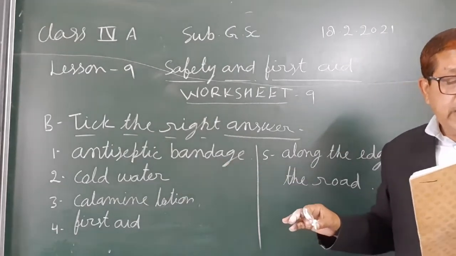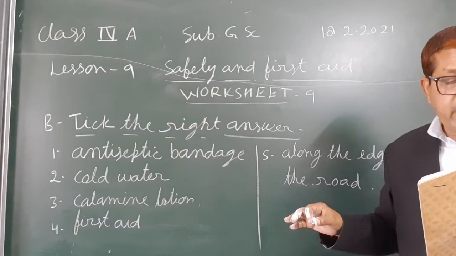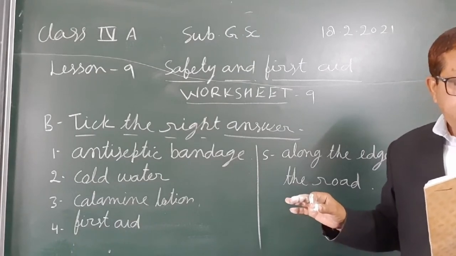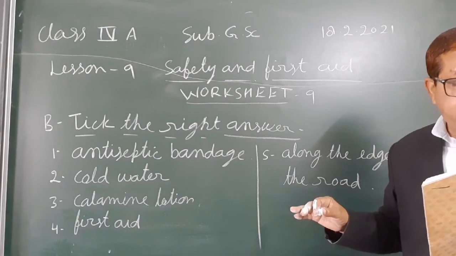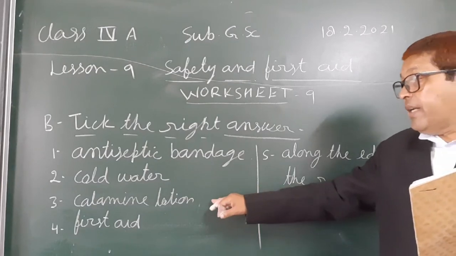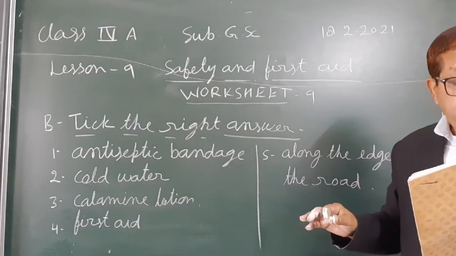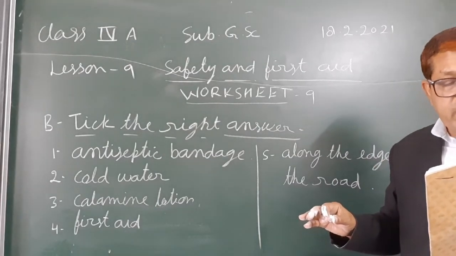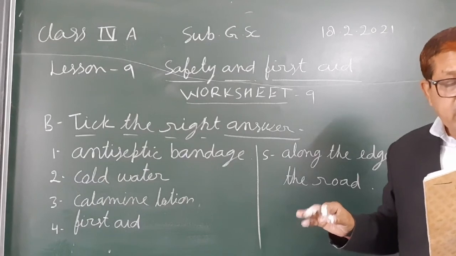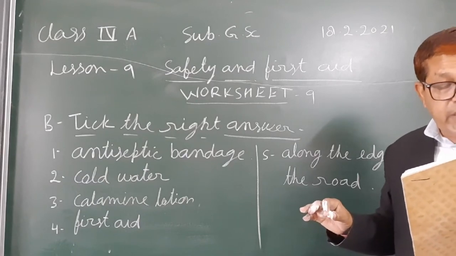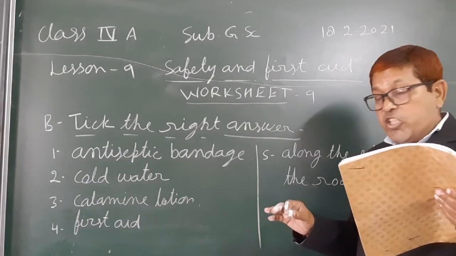Now third, if a person is bitten by an insect, apply. Three options are there: calamine lotion, Savlon, and Burnol. So in third, calamine lotion is the correct option. Now next, fourth question. The immediate help given to a person of an accident is called. Three options are there: first aid, accident aid, and hospital aid.